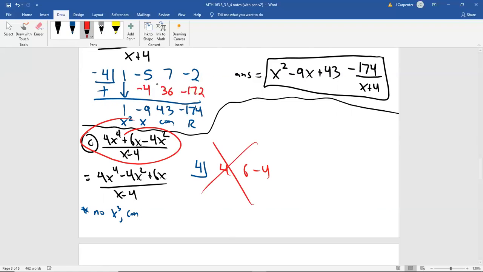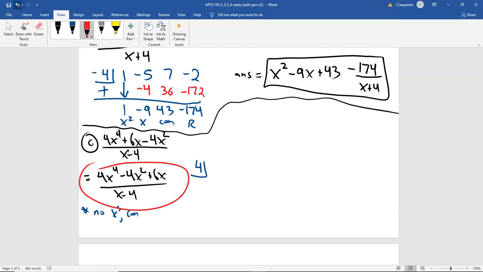This would make you tons of mistakes. All right, still red for wrong. If you do it based off of this one, you would go 4, negative 4, and 6, but this is still wrong because there are no x cubed or constant terms, and we haven't accounted for that by having missing, quote, digits. So let's finally get it right.